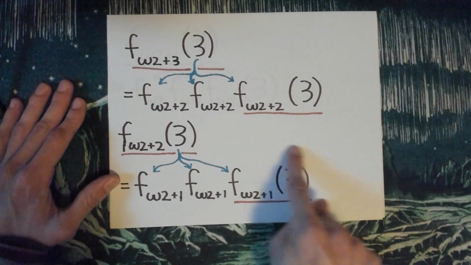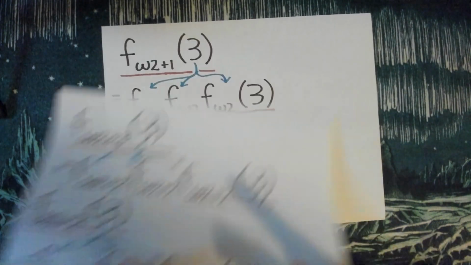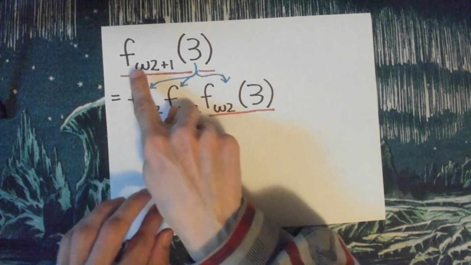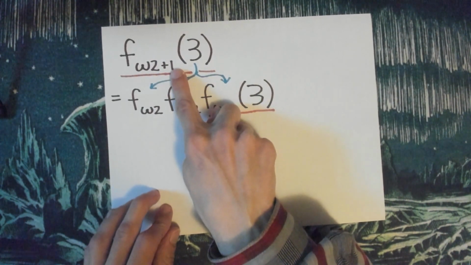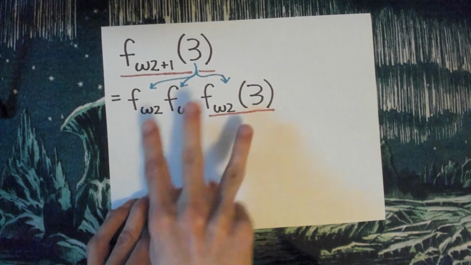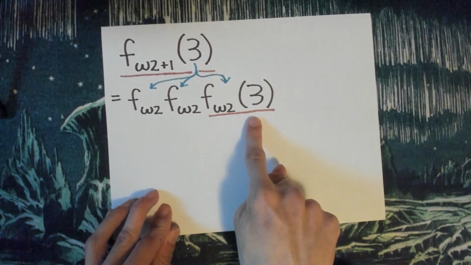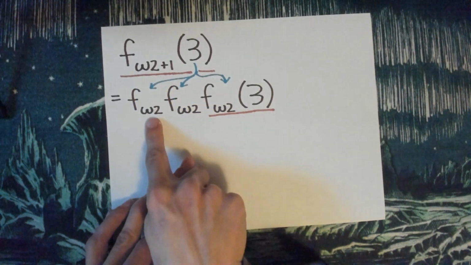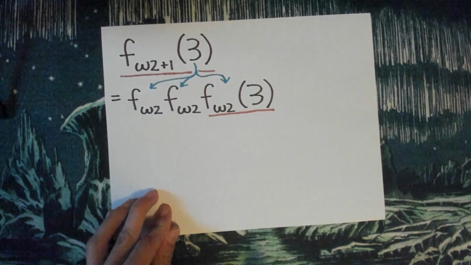Then I can zoom in here, and I see that this is also a successor ordinal, so we'll repeat it 3 times because that's what the input is, and I drop the power level by 1 to get omega times 2 instead of omega times 2 plus 1.